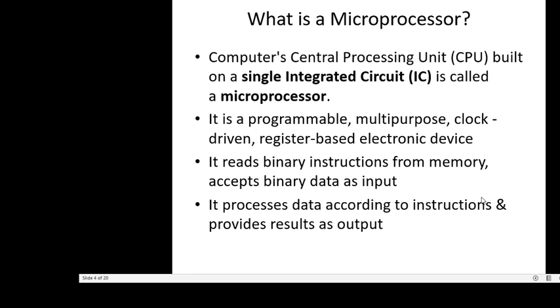It can read data or instructions from the memory. That means it accepts this information as binary information, which we call the input. Then it processes that data according to the instructions we provide and gives the result as the output. So it takes the input, processes the data and gives the output.